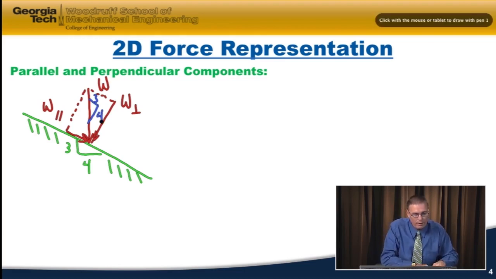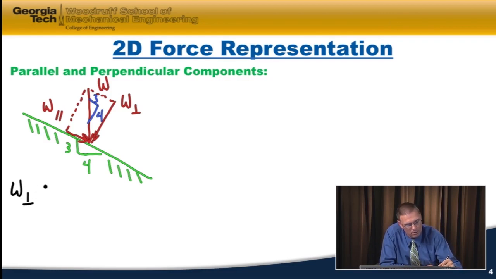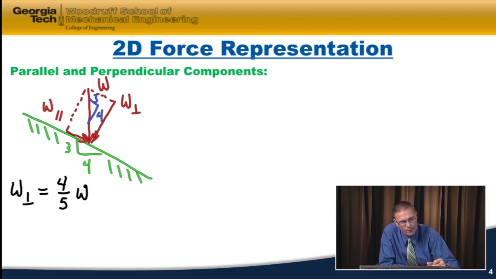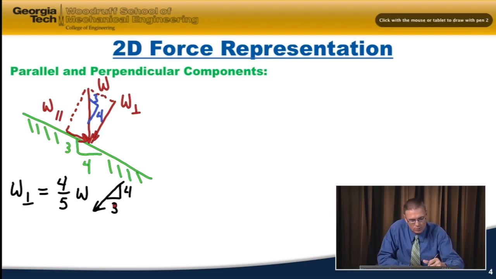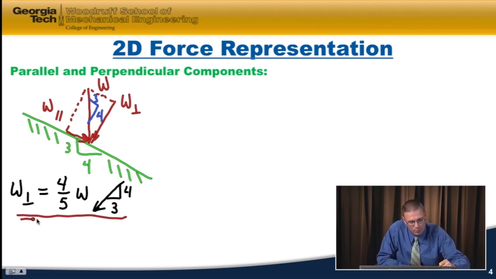And so if I want to now find the perpendicular component, the perpendicular side corresponds to the 4 side of the 3, 4, 5 triangle. So that would be 4/5 of W, and it's acting down and to the left, and it will be on a 4 on 3 slope, again by geometry. So that's our one component in the perpendicular direction.